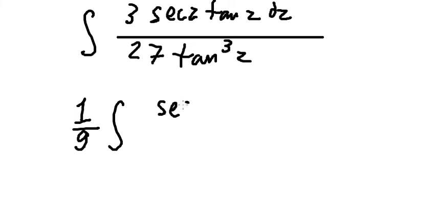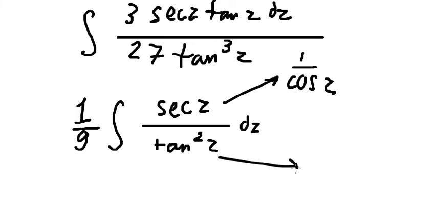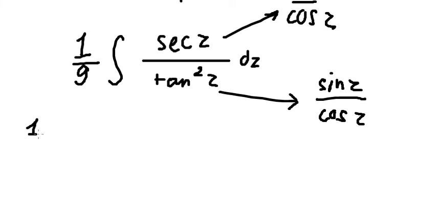secant of z over tan z square. Secant of z is 1 over cosine z. Tan z is sine z over cosine z. So we had the power 2.